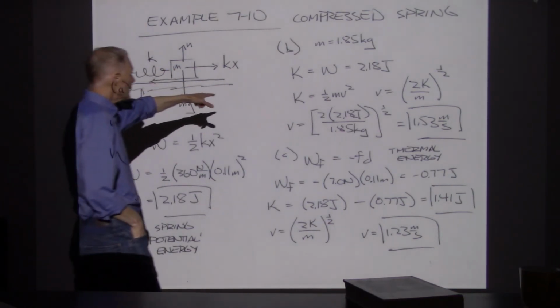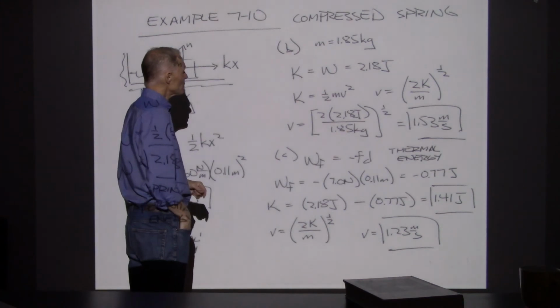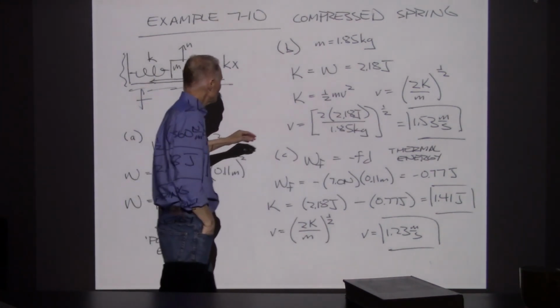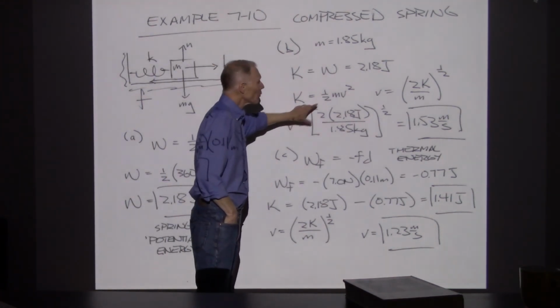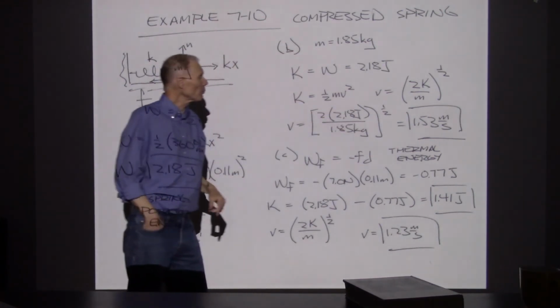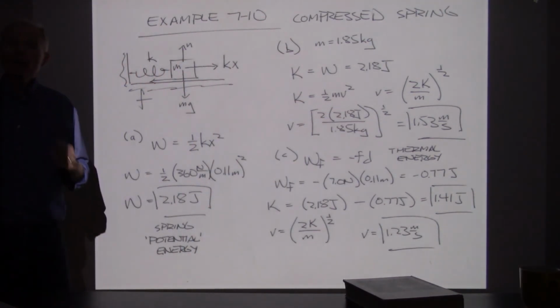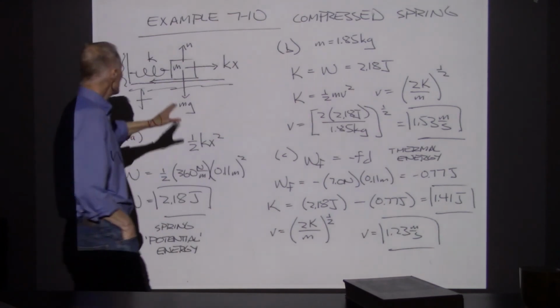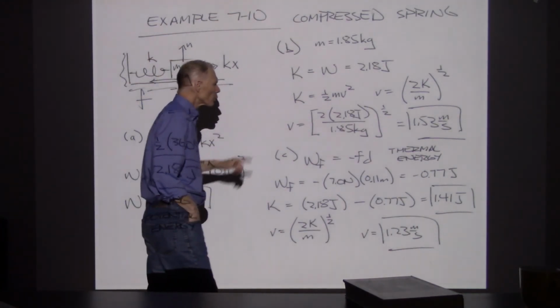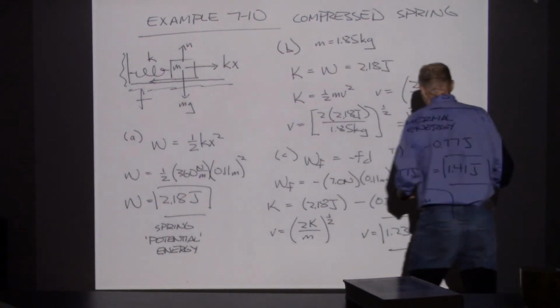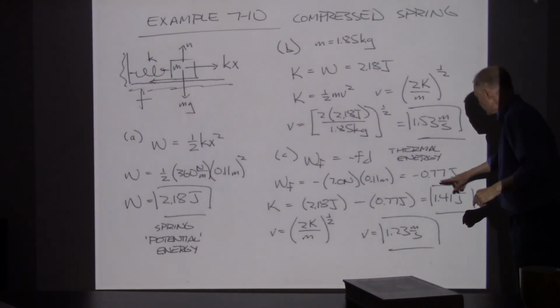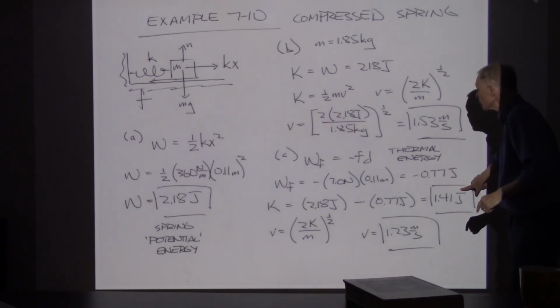In part B, where we said it was a completely frictionless surface, which is not very realistic, the block would continue moving at 1.53 meters per second. But in the lower case, where we do have friction, right at the point where the block separates from the spring, we have 1.41 joules left.